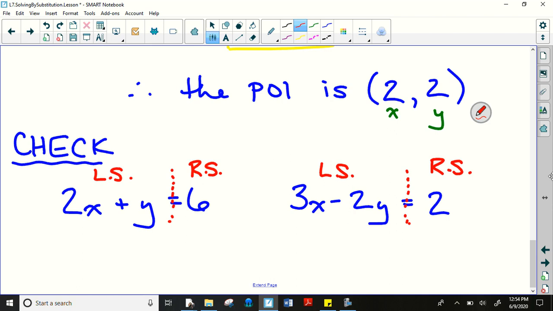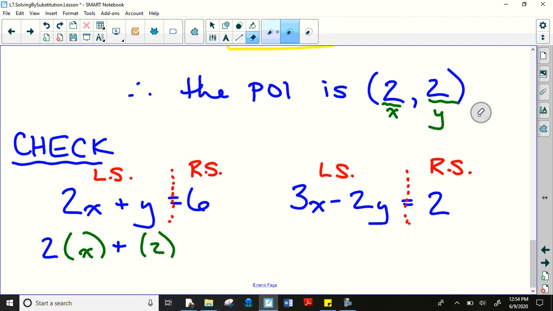So we're going to take a blue 2 for x, because it came from over here, plus a green 2 for y. Oops, I actually put an x in here, didn't I?